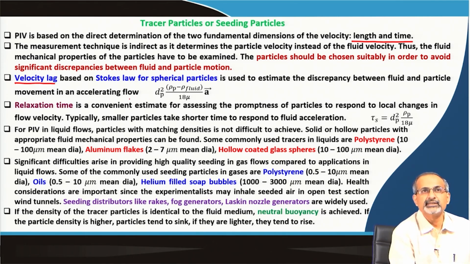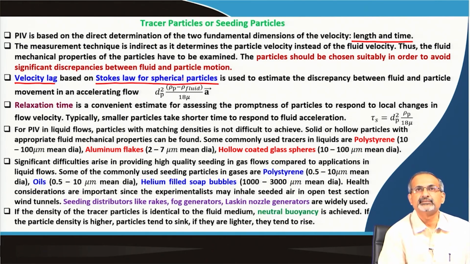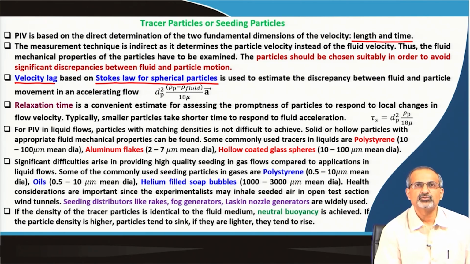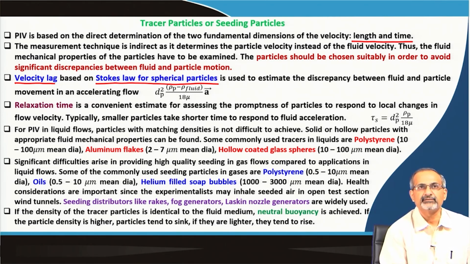Here we are introducing the Stokes law for spherical particles, which helps us to estimate the discrepancy between fluid and tracer particle movement in an accelerating flow. So, if the acceleration vector is given by vector A, then this expression essentially gives us the difference in the velocity between the flow field and the particle movement.